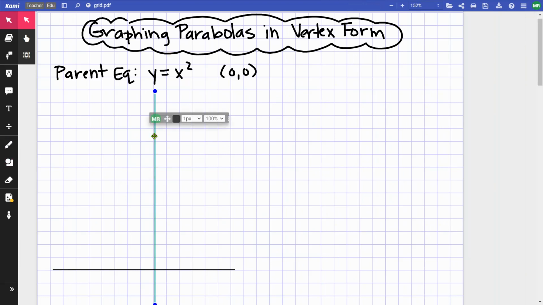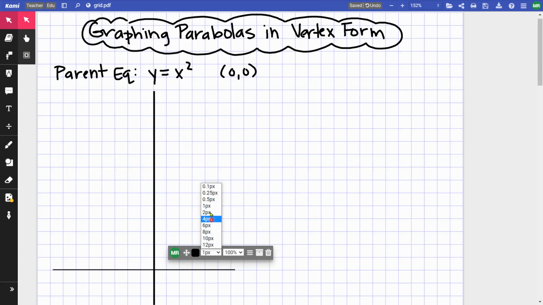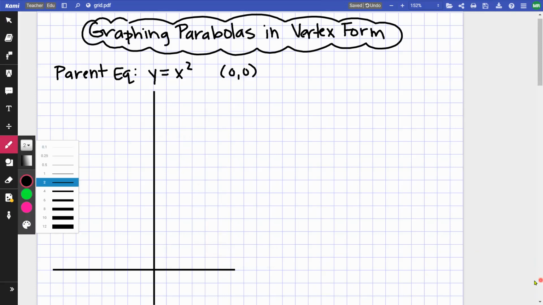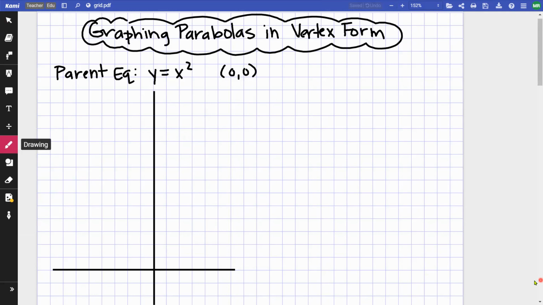And so when I graph this, I'm just moving it over a little bit, a little thicker. When we're graphing this, I am going to be graphing my basic parabola. 0 squared is 0, so I have a point at 0, 0.